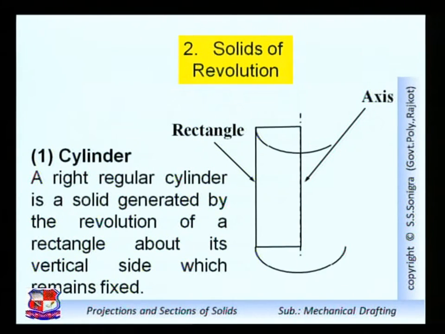If we rotate the rectangle like this, it will form a cylinder as shown here, and this is called the base of the cylinder. So the cylinder has two circular bases, upper base and lower base, and the centers of the upper and lower circles are joined by the axis, which is the fixed line of this rectangle about which the rectangle is rotated.